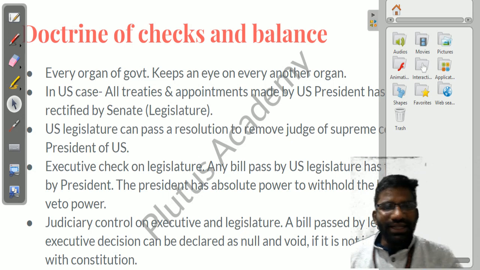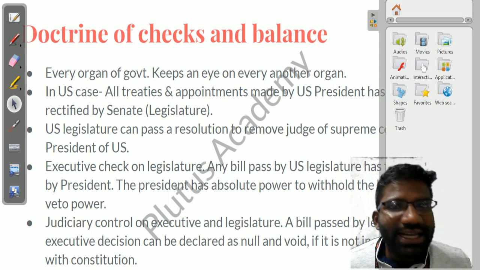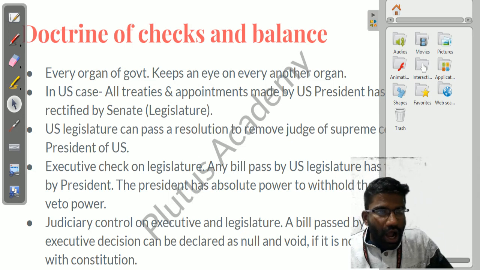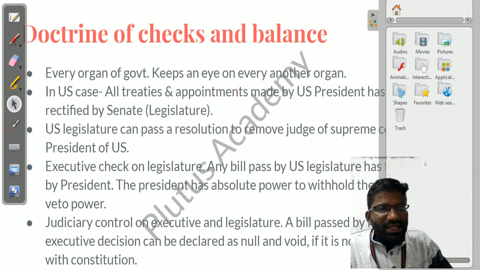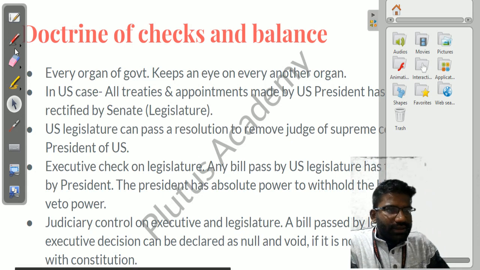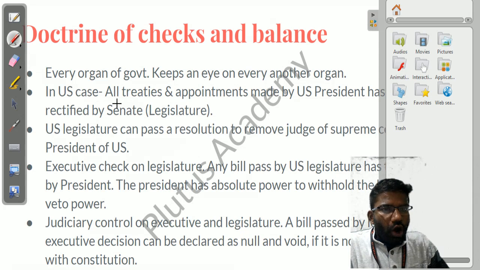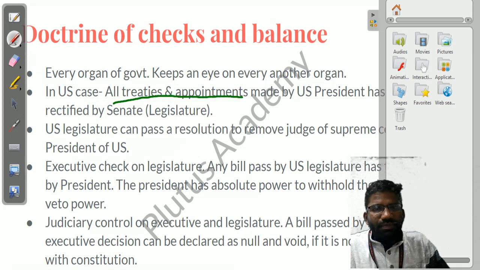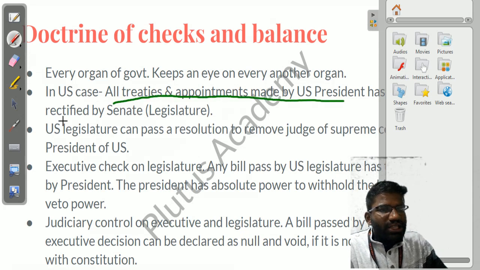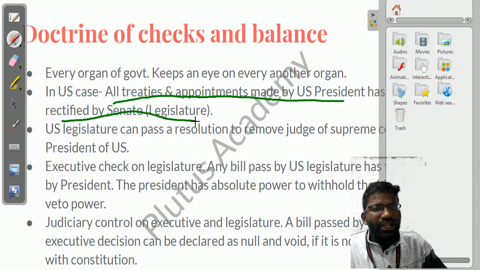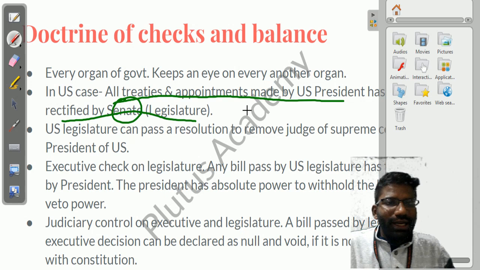Let us take the example of the United States of America. In the United States of America, all treaties and appointments made by the President of the US have to be ratified by the legislature, the Senate of the United States of America. Let us make it clearer.